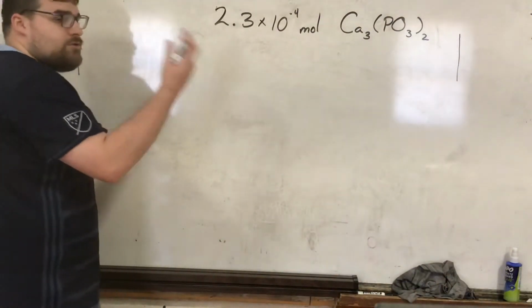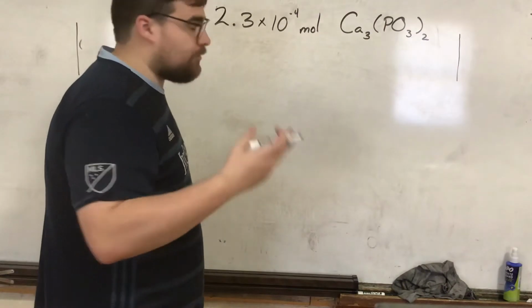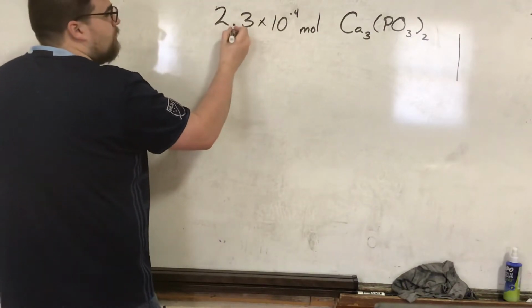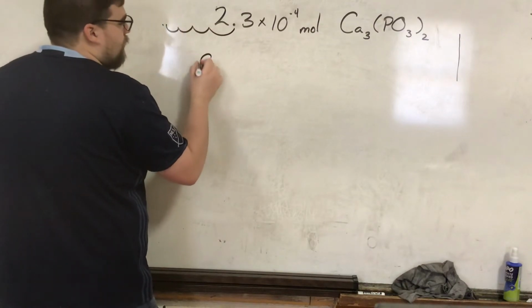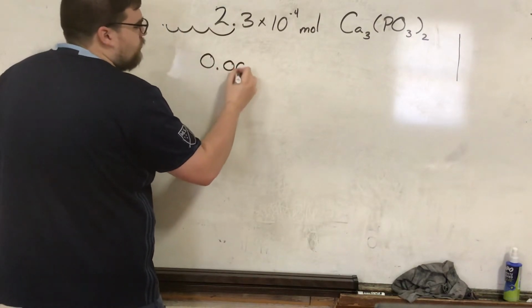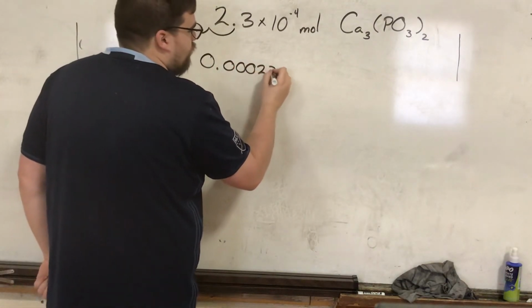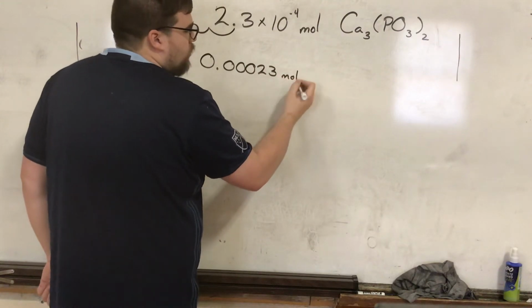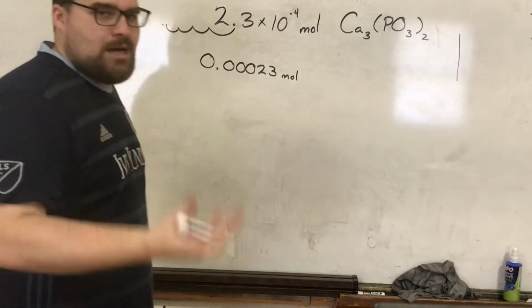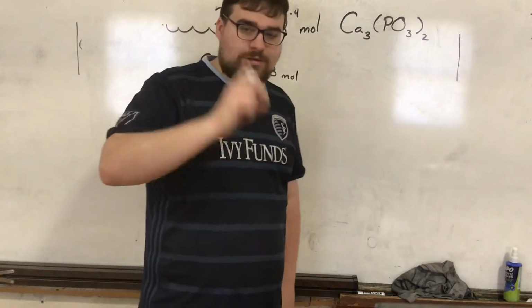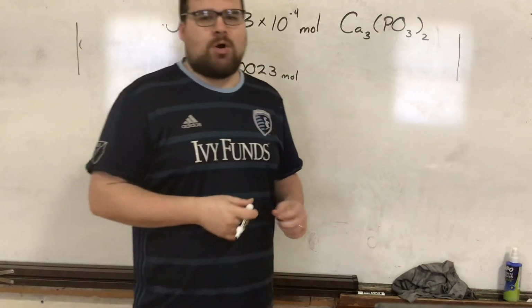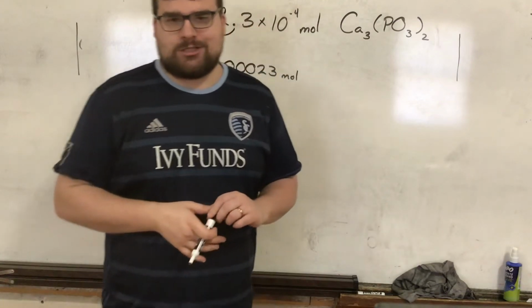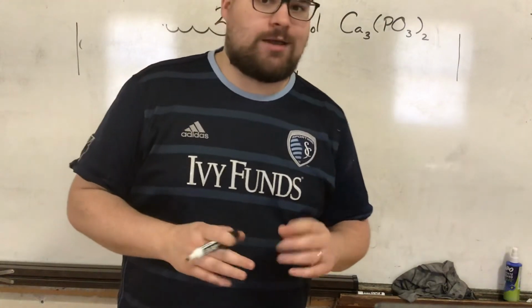So if you want a visible representation of what this number is, we would move it 4 times. 1, 2, 3, 4. So we get 0.00023 moles of this molecule. Very, very little amount, right? Well, we say a very little amount, but a mole is still 6 times 10 to the 23rd. It's still a ton.